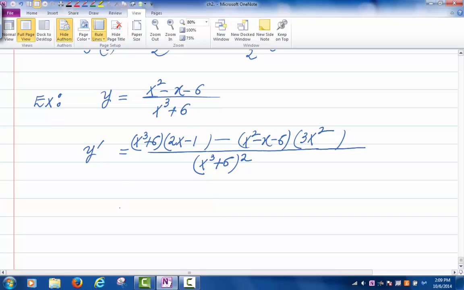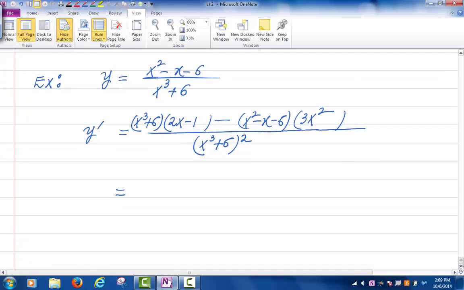If you need to simplify this, all you have to do is multiply out everything and collect like terms.